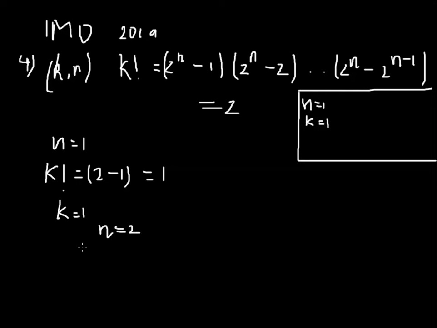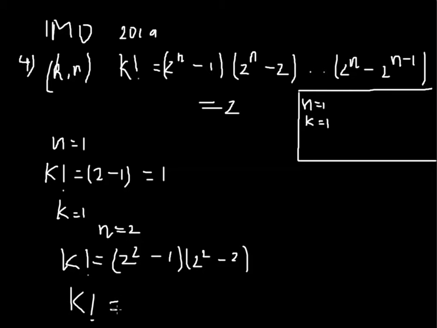Now if I take n equals 2, then k factorial equals 2 squared minus 1 times 2 squared minus 2. So when we solve this, we get k factorial equals 4 minus 1, that is 3, times 4 minus 2, that is 2, times 1.